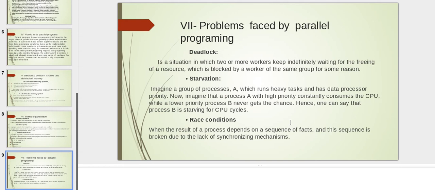We have what we call deadlock, starvation, and race condition. What is deadlock? It's a situation in which two or more workers keep indefinitely waiting for the freeing of a resource, which is blocked by a worker of the same group for some reason.